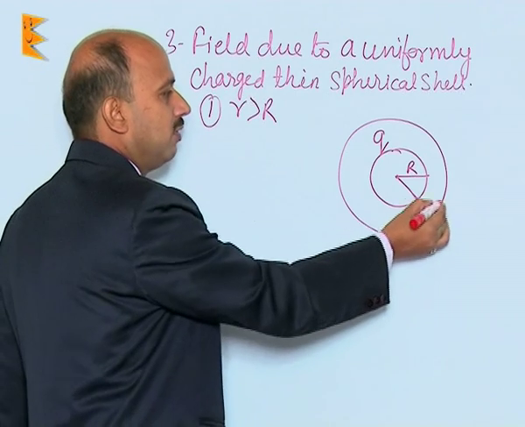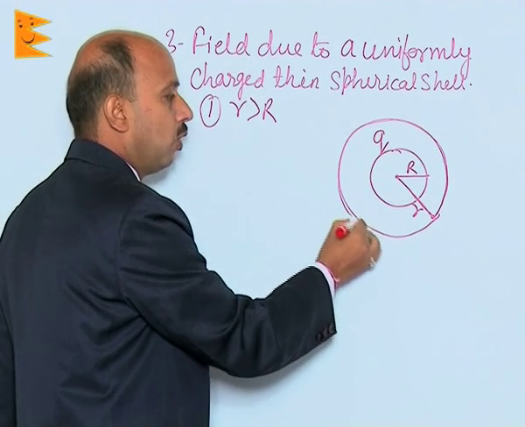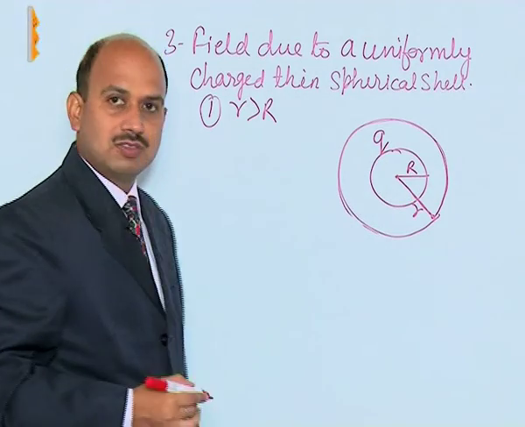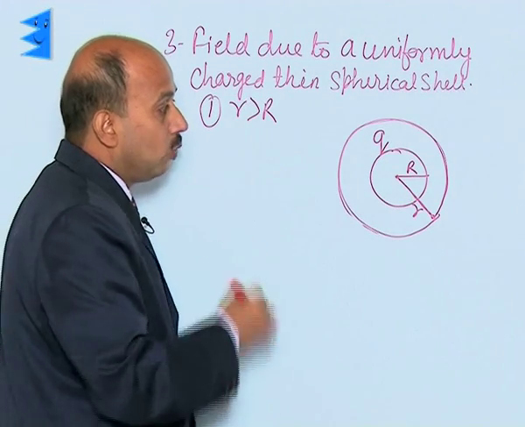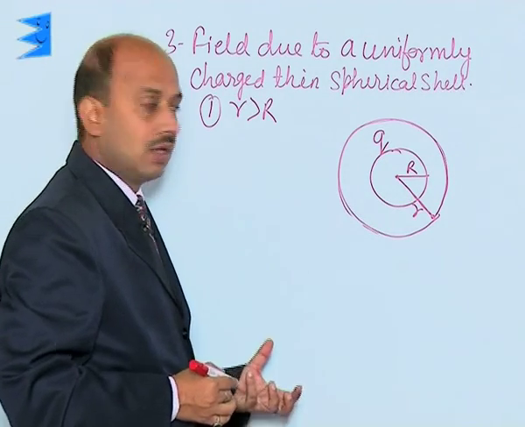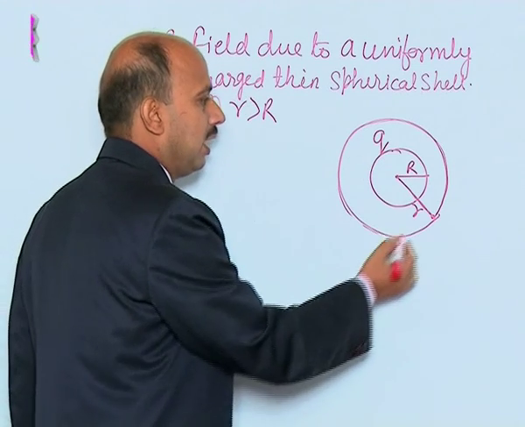The Gaussian surface is drawn in such a way that it does not pass through the shell, and it completely encloses the shell. Now we take the area vector at any point.